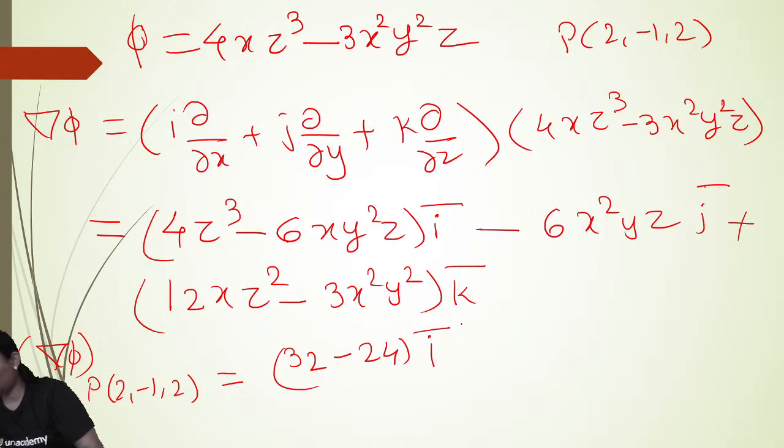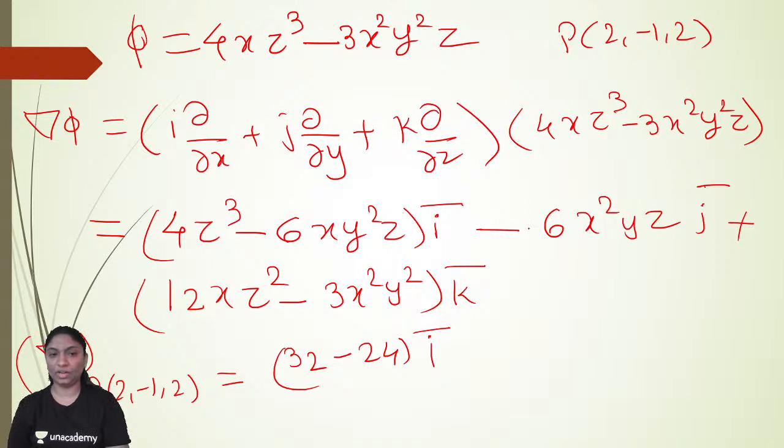Now you will get the next term, x is equal to 2. So 2 square is 4. 4 into 6 is 24, into minus 1, minus 24, minus times minus, plus 24 into 2, 48. You will get here plus 48 j bar.